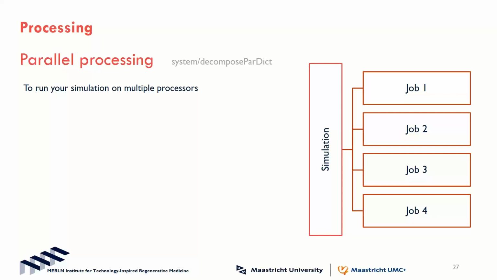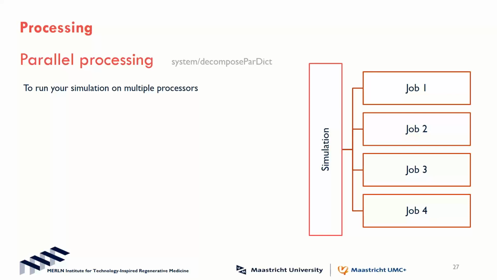This is something that I do not use for the test case, but I think it's very essential to show here that you can use OpenFOAM to perform it on multiple processes. First of all, it makes your task faster.